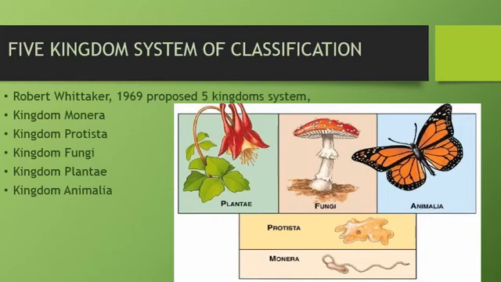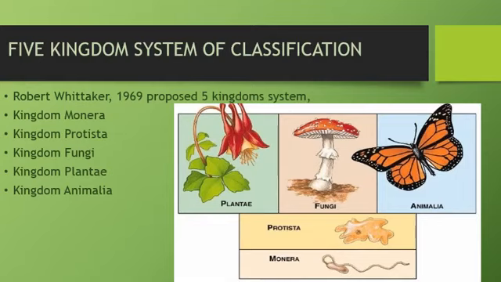In 1969, Robert Whittaker proposed a five-kingdom system of classification for all organisms on planet Earth. All the prokaryotes were placed in kingdom Monera. The dual nature, simple eukaryotic organisms were placed in kingdom Protista.